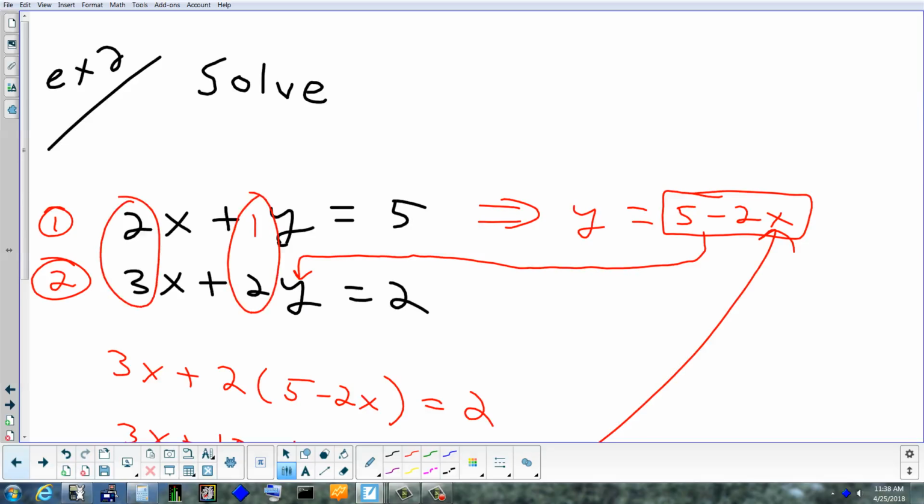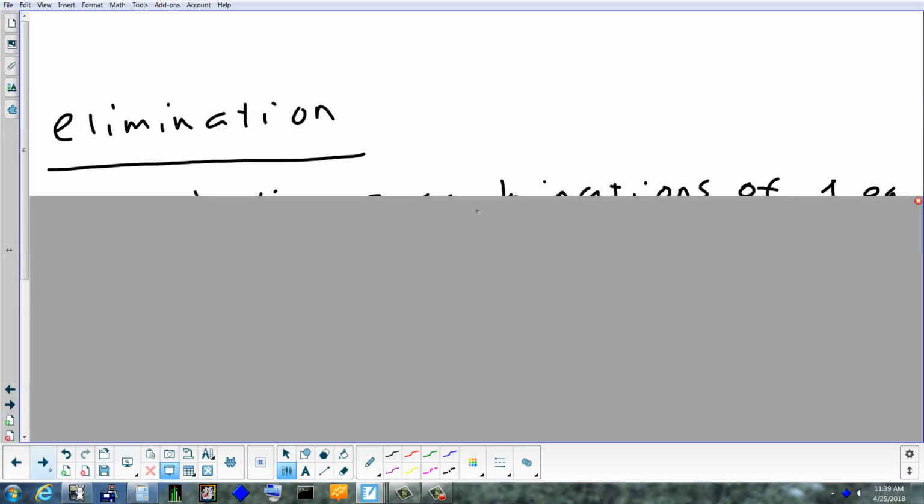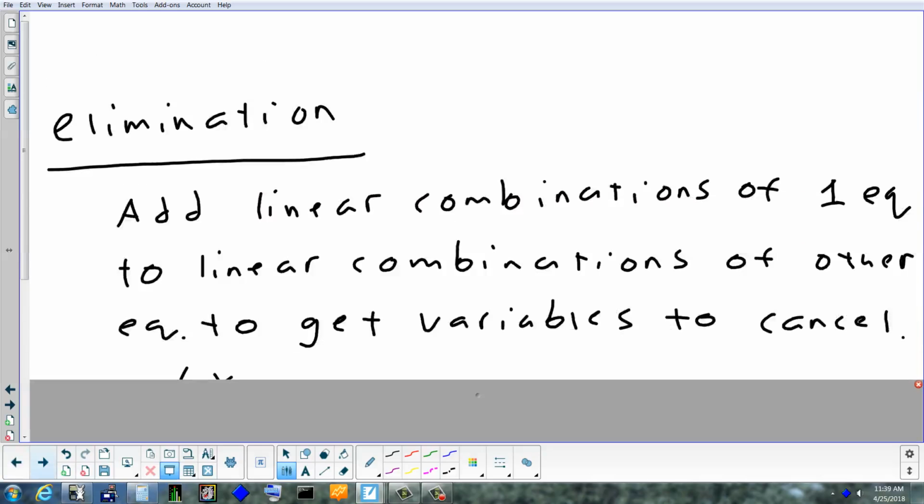And you try to make them opposites, like 6 and negative 6, or 2 and negative 2. Okay? Try to make those two numbers opposites, and what happens is they cancel out. So you're going to add the two equations together to try to get one variable to disappear right away.